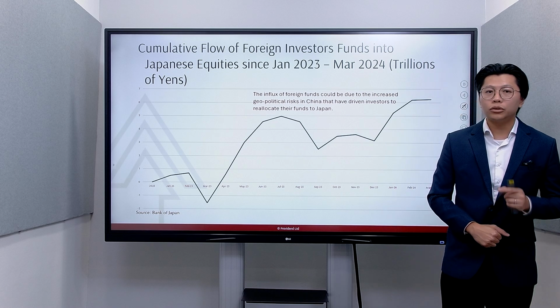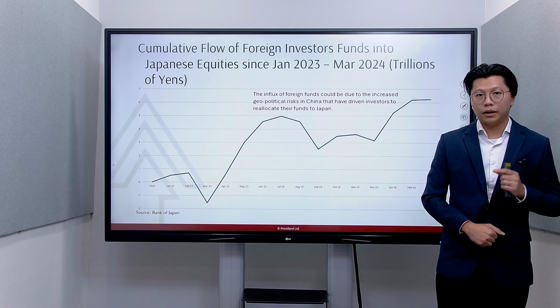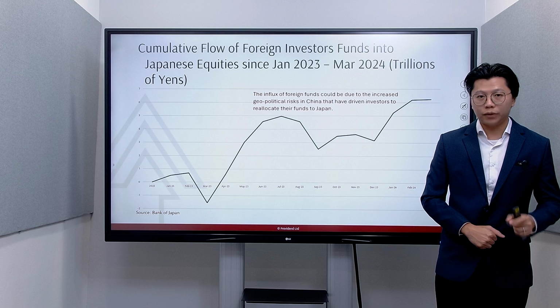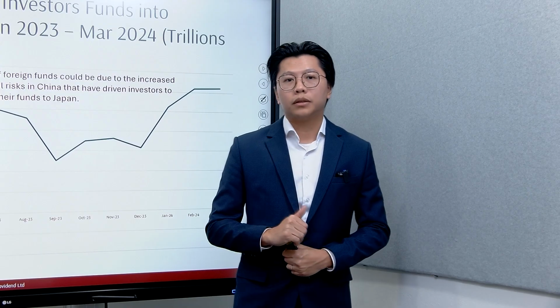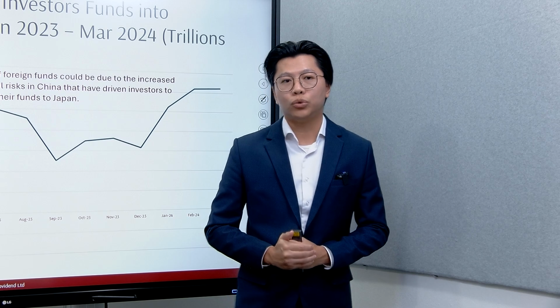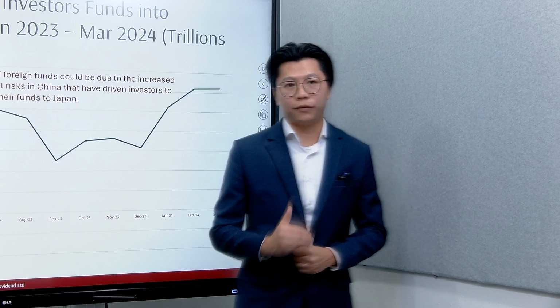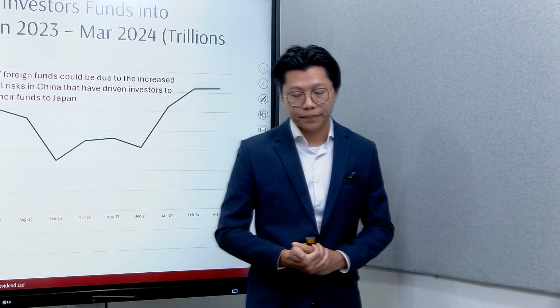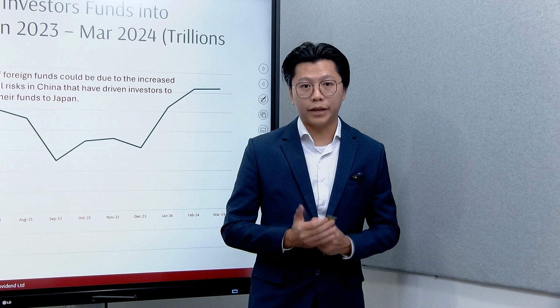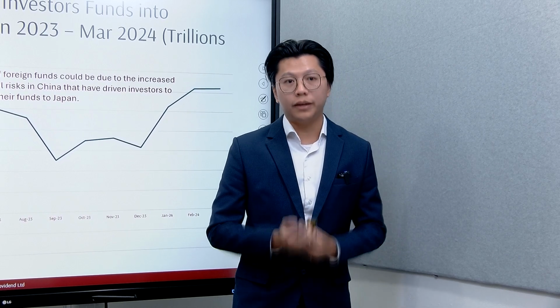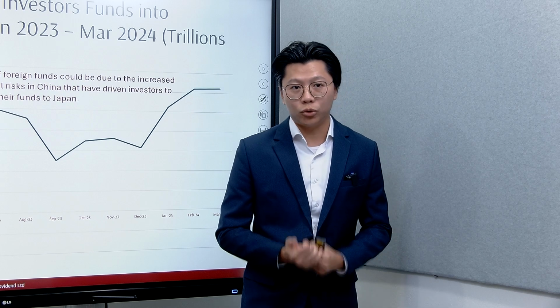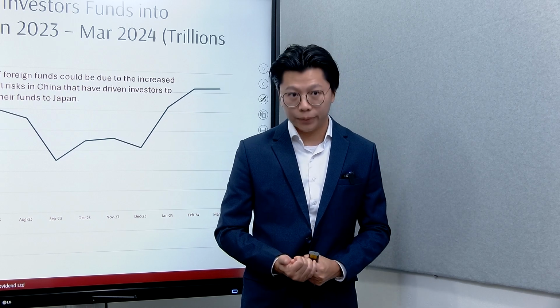And failure to meet these rules might result in listed companies getting delisted. To conclude, the 3 points that led to Japan's sharp rise in equity performance year to date. Firstly, strong corporate earnings. Second, high inflow of foreign funds. And thirdly, better corporate governance to enhance shareholder value.